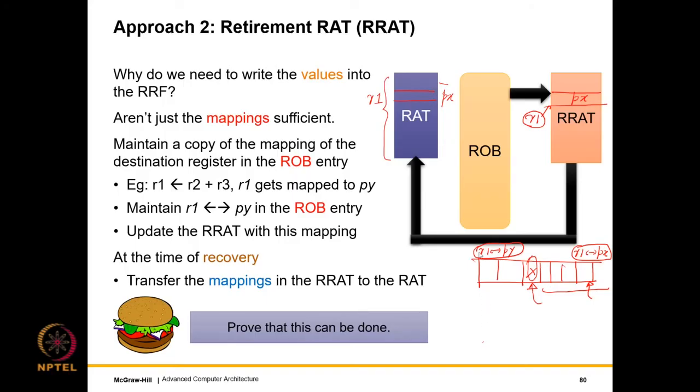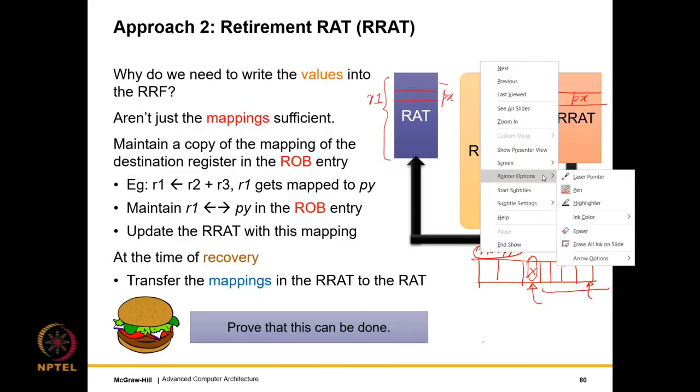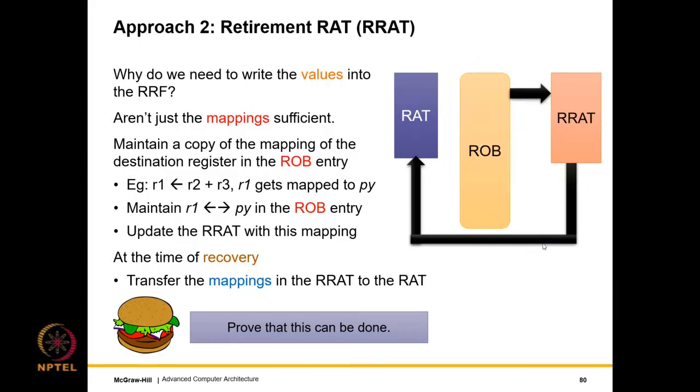So if I were to compare this scheme and the previous one, what is the advantage? Well, first, before discussing the advantage, you need to prove slightly more rigorously that this is actually correct. What is correct? That transferring the mappings is sufficient. You don't have to record the values and transfer the values, right? So we just remember the mappings and transfer them.